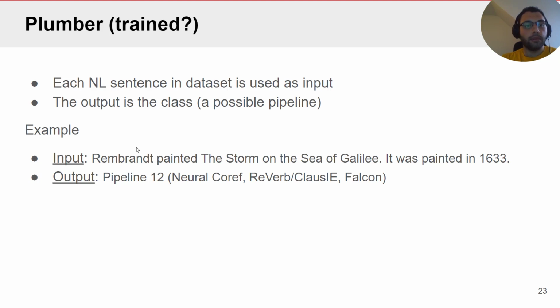As an example, here the input will be our running example, and the output would be the class of this pipeline, which is the combination of these four components together. And this would be done for all sentences or all text snippets in the input dataset.